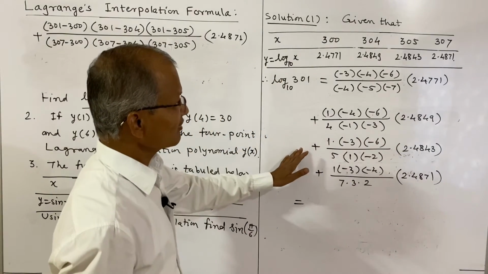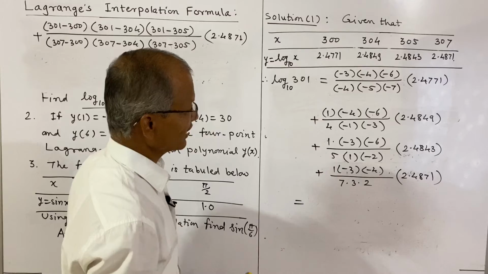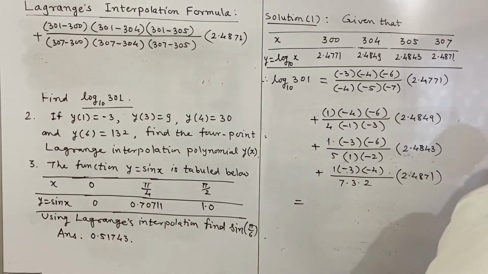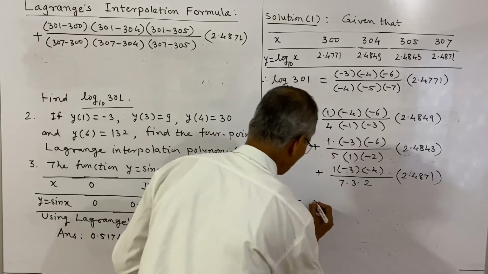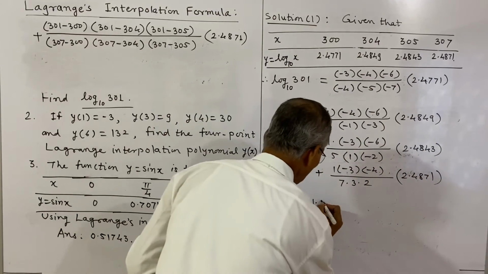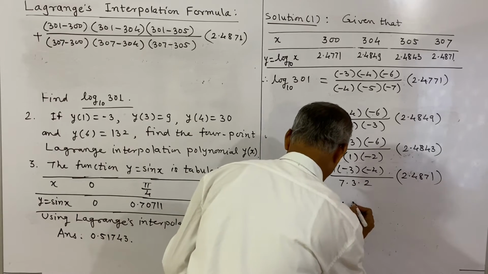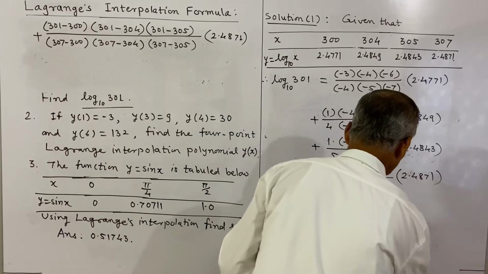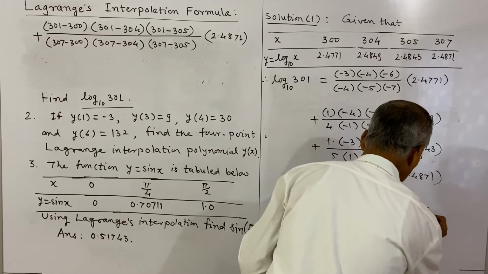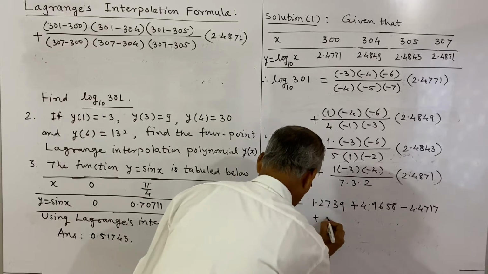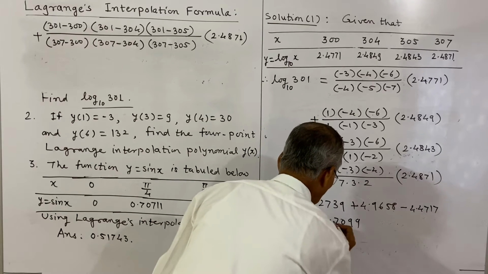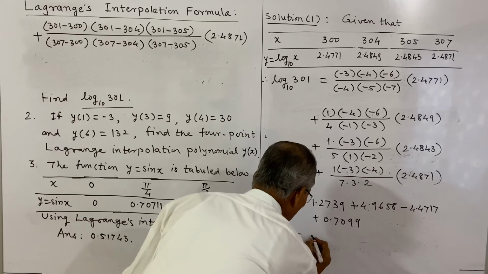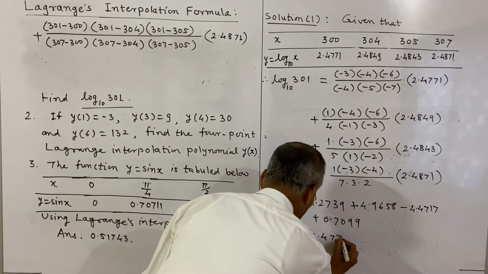So use a calculator to obtain these values, and I have calculated these values, and I shall write them here directly, you may check: 1.2739 plus, and again the addition and subtraction of these is 2.4779.